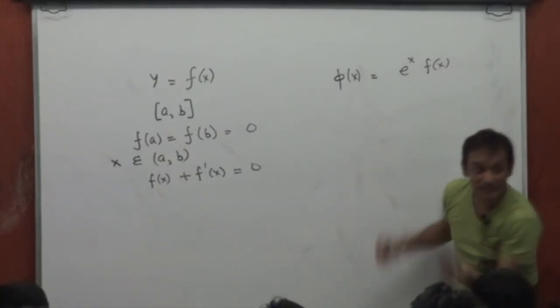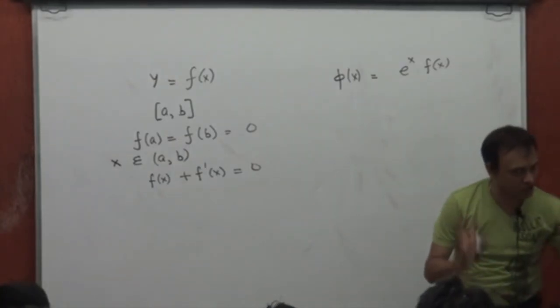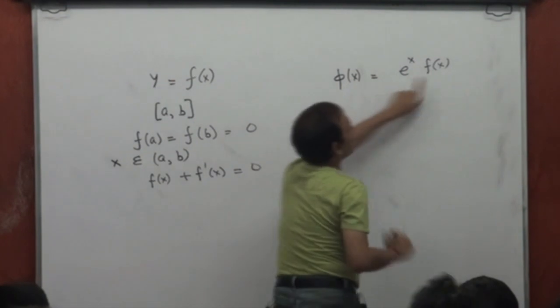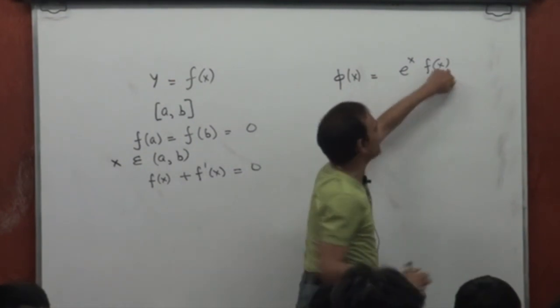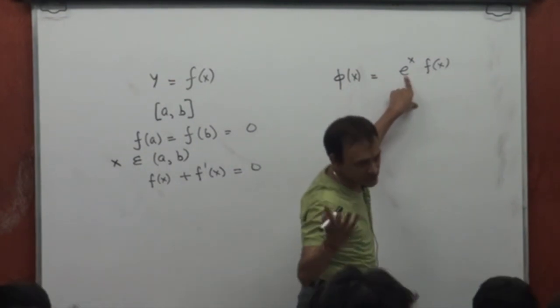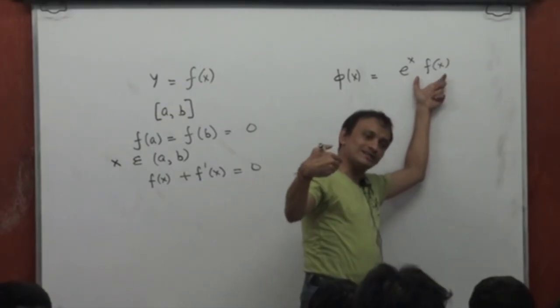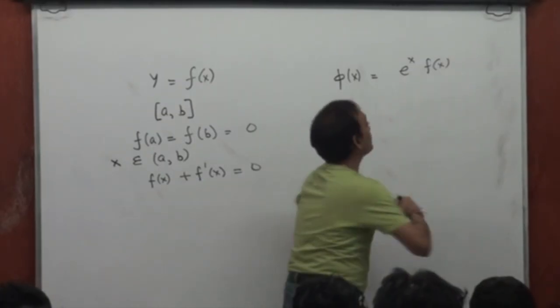So e power x into (f(x) plus f dash x) would come, yes or no? Now, f(x) is continuous and differentiable in the interval a to b, and e power x is continuous and differentiable in the interval a to b. So this product is continuous and differentiable in the interval a to b.